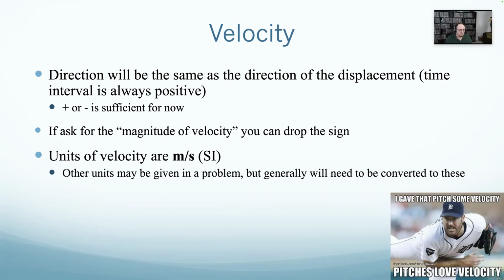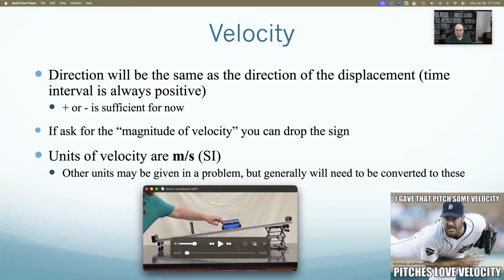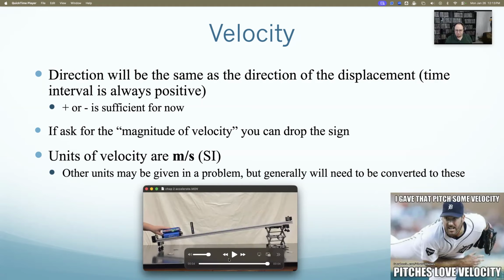I would be doing this live if we were in class, but let me grab this little video. If I take this cart and make it do this, it goes up a little bit and then down. Its average speed would be the distance from going up to down, that total distance, which on that track is about a meter long, so it'd be about a meter and a half of distance it traveled over that time period.